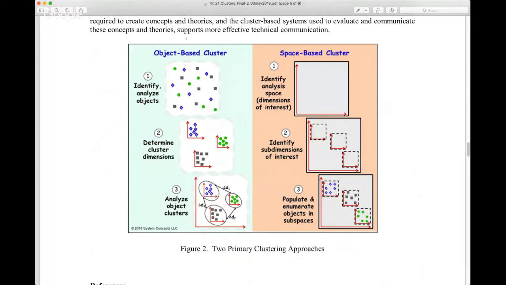And a space-based cluster basically just says, well, what are the main objectives? What are the main spaces? What are my dimensions of interest in the system that I'm going to design? And then you identify subdimensions of interest. The subdimensions need to relate, of course, to the primary dimension. And then you populate and enumerate the objects in the subspace.